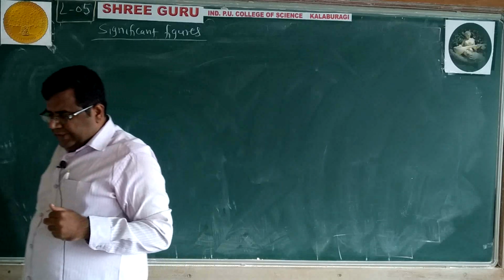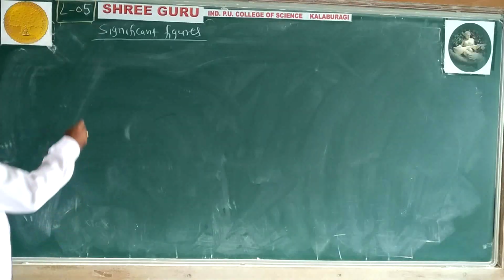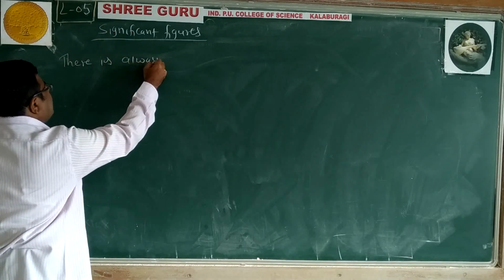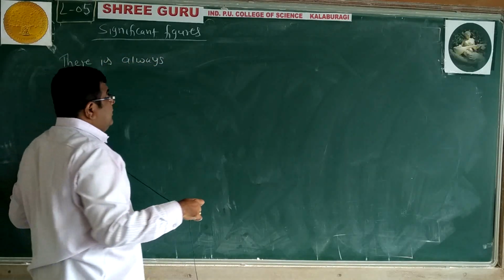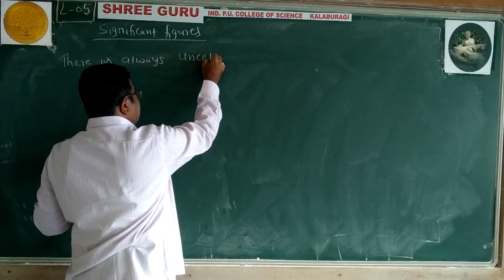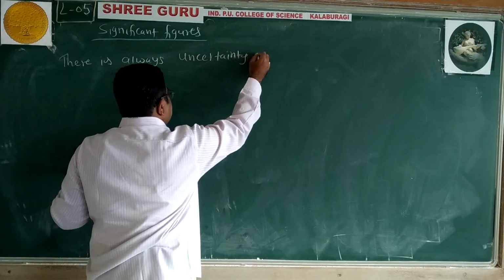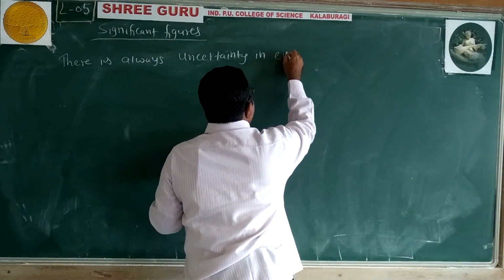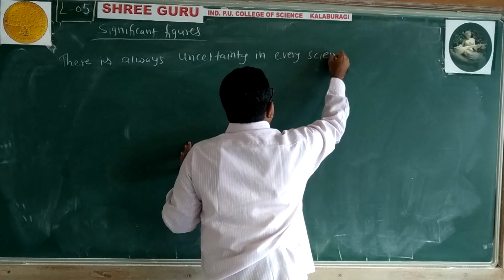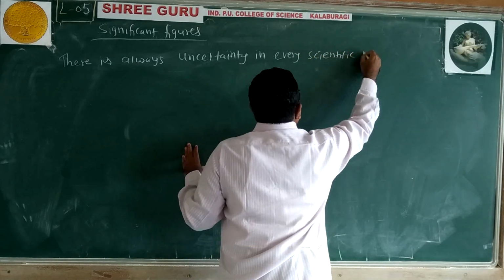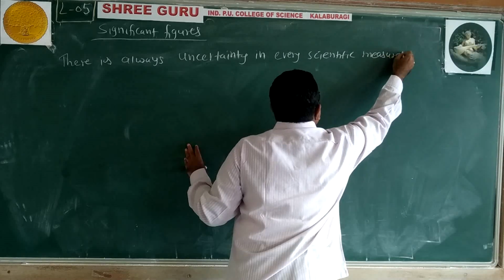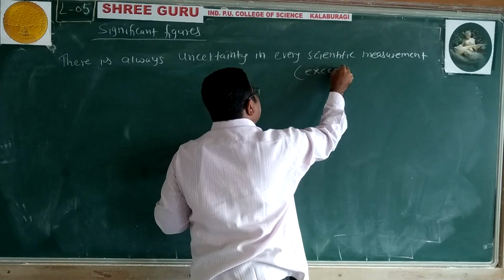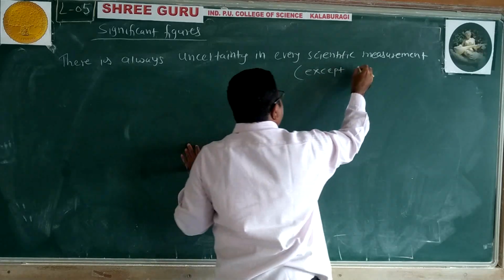So I will write here one sentence, that there is always uncertainty in every scientific measurement. Of course, one scientific measurement is an exception to it, which is counting.